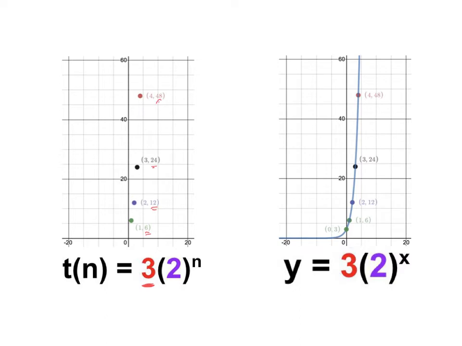Now, that same situation as an exponential equation on the right, you'll notice the zero term is 3, which is the y-intercept. That is a point on the graph, okay? 0, 3. And then you can see the multiplier is 2, so points are doubling. So 6 to 12 to 24 to 48. But notice on the graph that we graph a continuous graph.